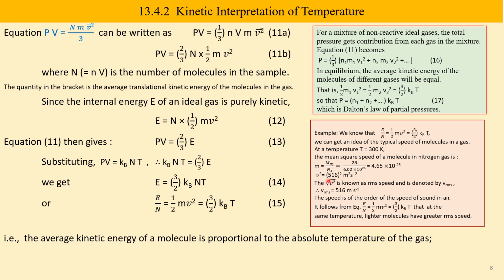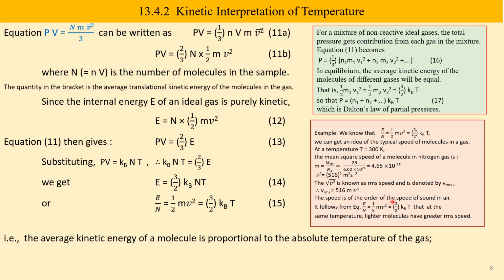So V square will be equal to 516. Simplifying, we will get 516 m square s to the power of minus 2. Therefore, the square root of V square here is known as the RMS speed, denoted by VRMS. Therefore, VRMS will be equal to the square root of 516, taking the square roots on both sides.